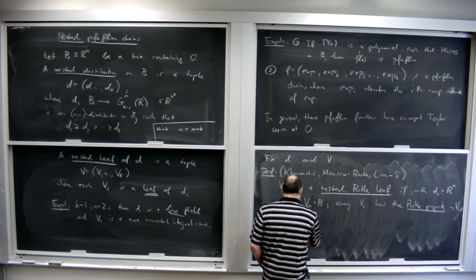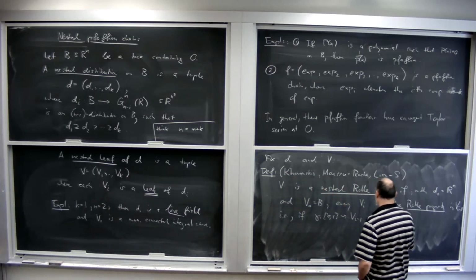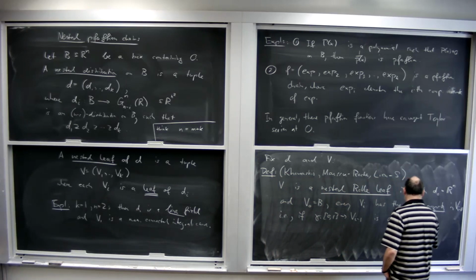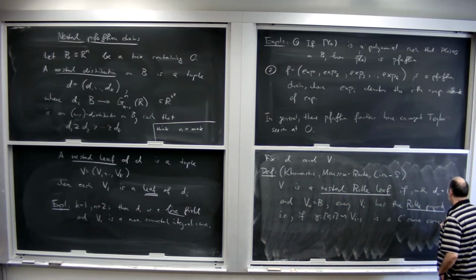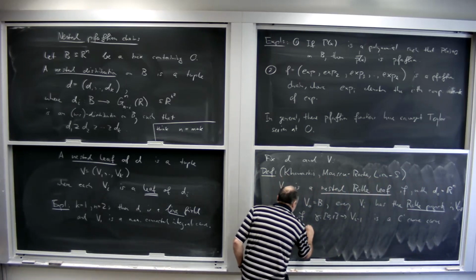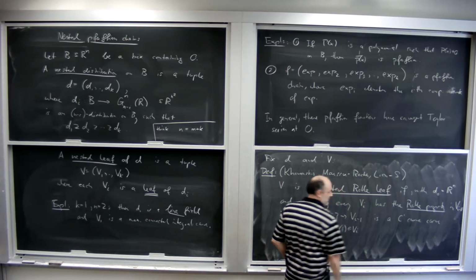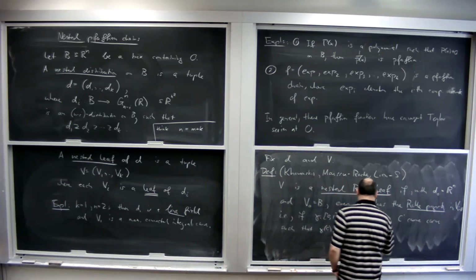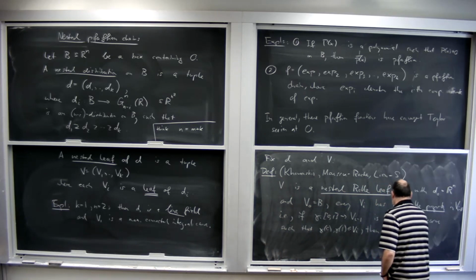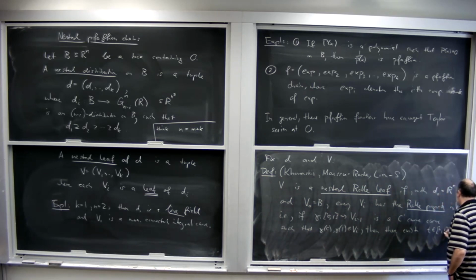So if gamma from [0,1] into V_{i-1} is a C1 curve, such that gamma of 0 and gamma of 1 are both in V_i, then there exists some time t between 0 and 1 where this curve gamma is tangent to the distribution D_i.